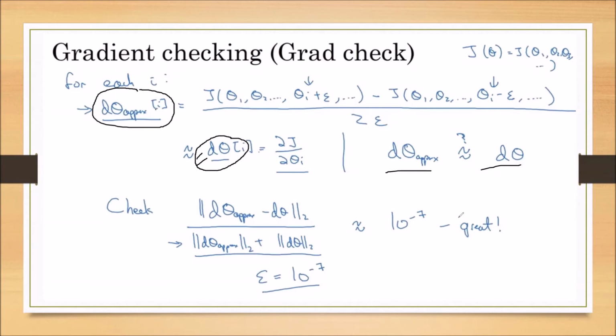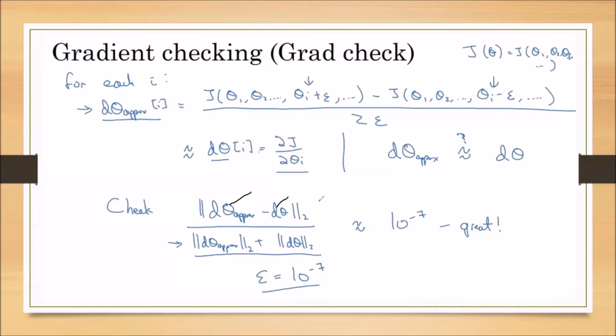Now there is a concept in which we are using the same L2 normalization. We are subtracting the two matrices d theta approx and d theta. Because these two matrices have the same size, matrix subtraction is possible. After the subtraction, we apply the normalization, meaning we add the squares of each element in the matrices.